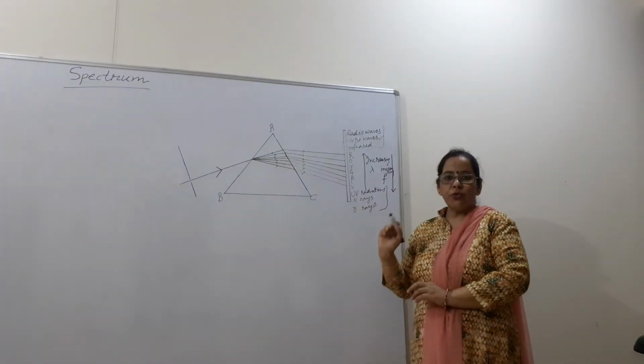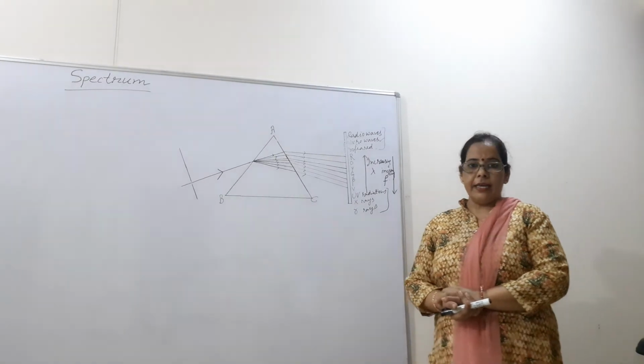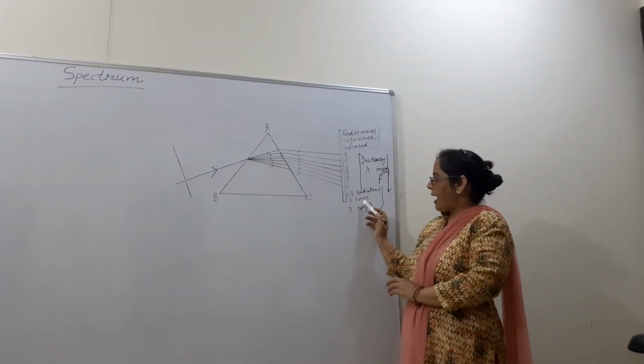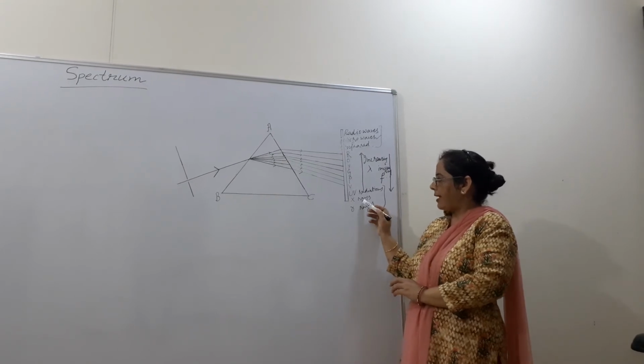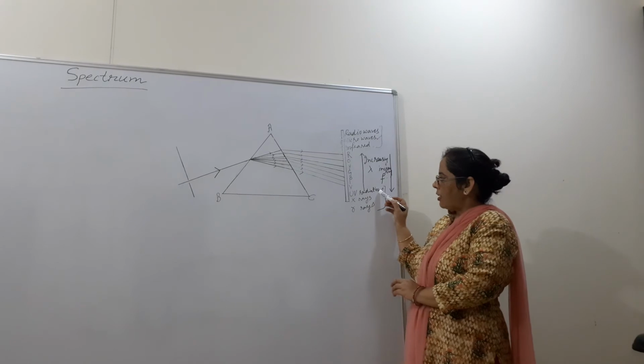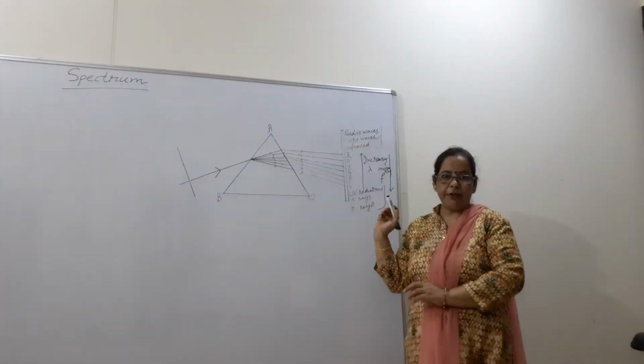Its second use is in producing vitamin D in plants and animals. Then after that, beta, X-rays come. X-rays have wavelength less than ultraviolet radiations, but frequency more than ultraviolet radiations.